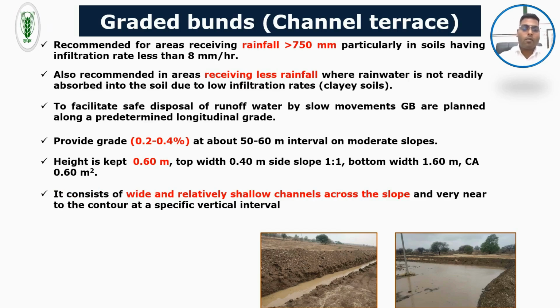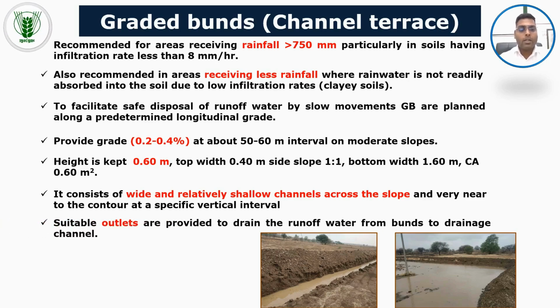Graded bunds consist of wide and relatively shallow channels across the slope and very near to the contour at a specific vertical interval. Suitable outlets are provided to drain the runoff water from the bunds to the drainage channel.